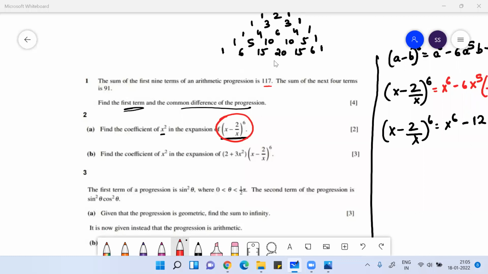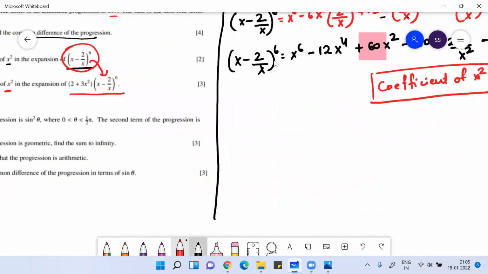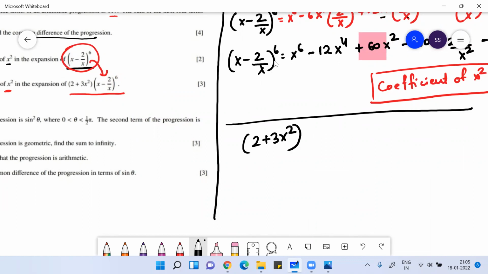Now for question number 2, part B, if I try to solve, I need to use this x minus 2 by x to the power 6, and then find the coefficient of x square. This is 2 plus 3x square, times x minus 2 by x to the power 6.